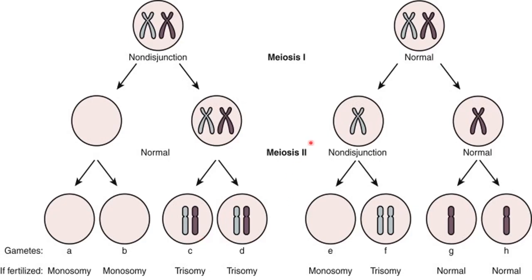In the second condition, what can happen? Consider the first meiotic division is occurring normally. Here you can see this is a normal type of division. These homologous chromosomes separate during anaphase 1, the anaphase stage of meiosis 1.